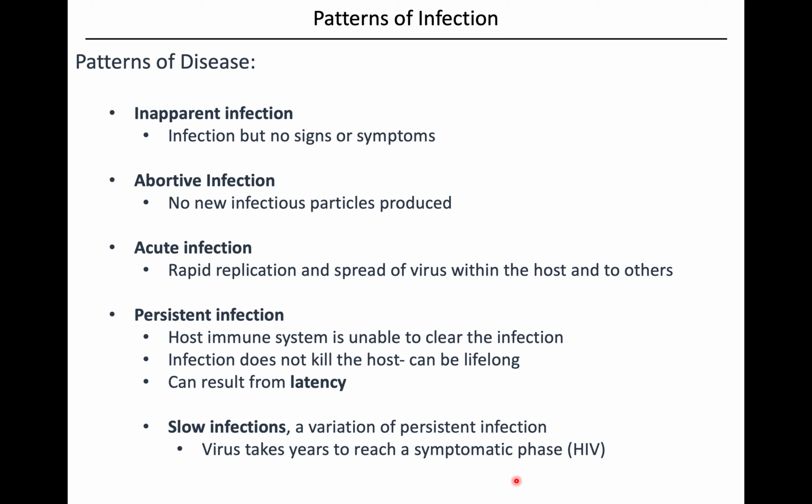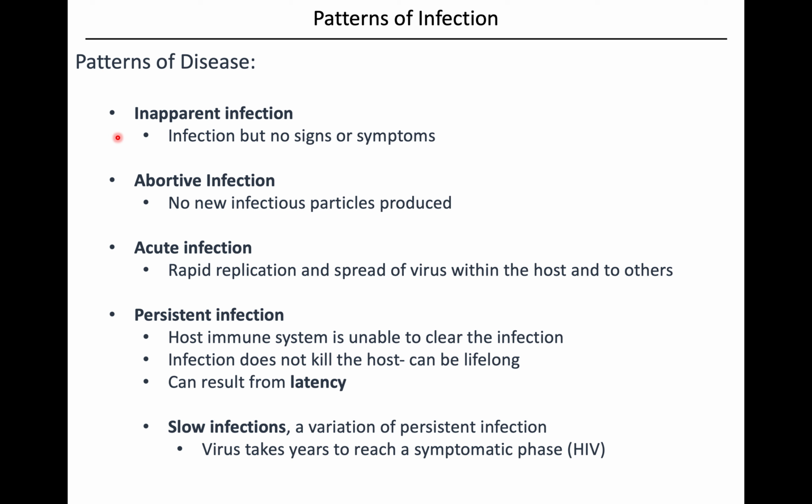All right, so a few terms to bring up here that I'll tie in with this idea of patterns of disease. These are basically certain different types of infection. You could have inapparent, abortive, acute, persistent, slow infections. Just define these terms. So an inapparent infection is one where the host is infected, but there's no signs or symptoms.